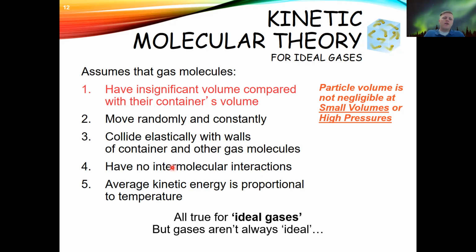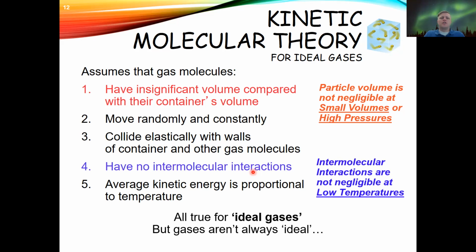And then this other assumption, number 4, that these molecules have no intermolecular interactions, is actually almost always false. It turns out when all these ideas were being figured out, they were using low pressure gases at high temperatures. But at low temperatures, pretty much everything interacts with each other.